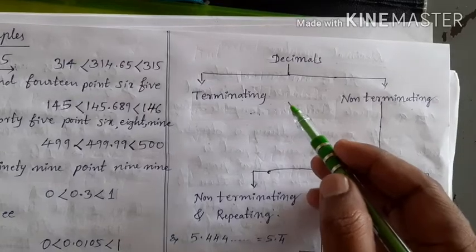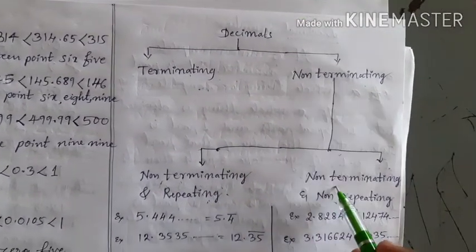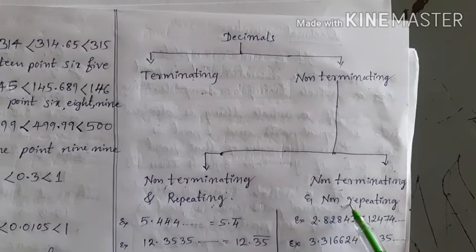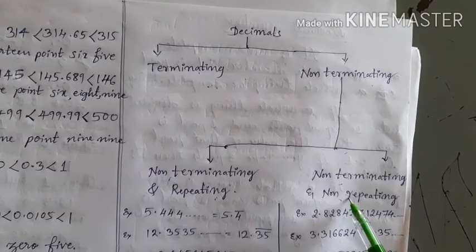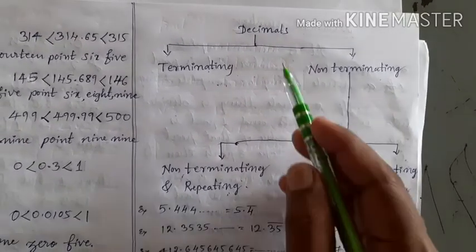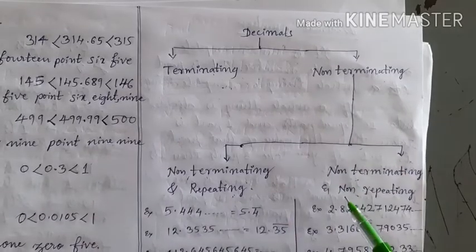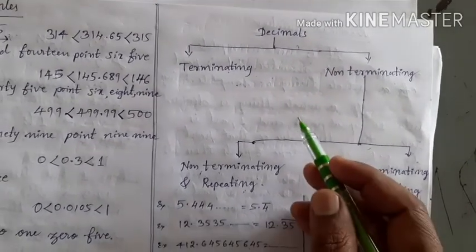But terminating decimals, non-terminating and repeating decimals, non-terminating and non-repeating decimals, these are all real numbers. Okay? In one word, I would like to say that all decimals are real numbers, but all real numbers are not decimals. Okay?